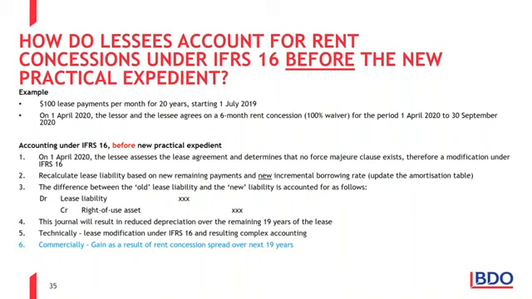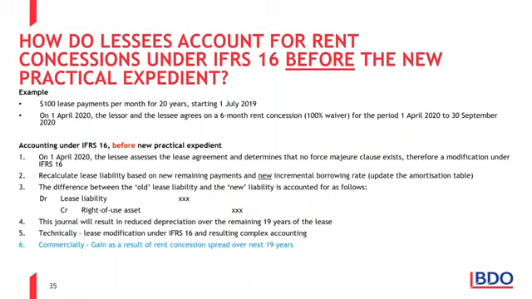Now, on 1 April 2020, the lessor and the lessee agree. So this has already been agreed. They agree on a six-month rent concession, a 100% waiver for the period 1 April to 30 September 2020.